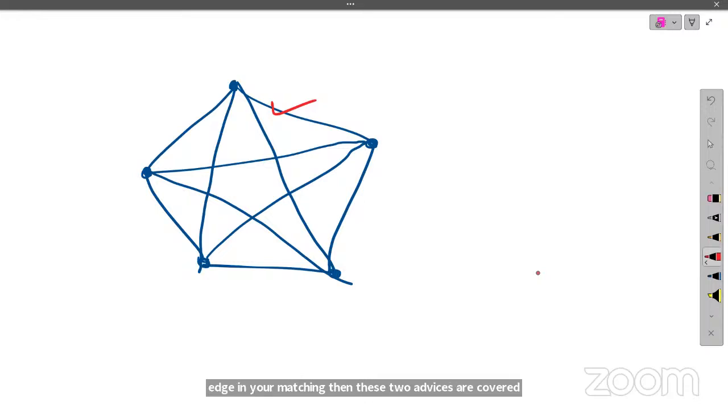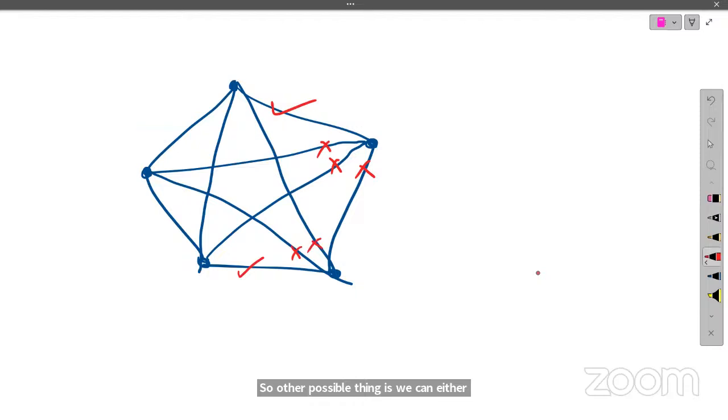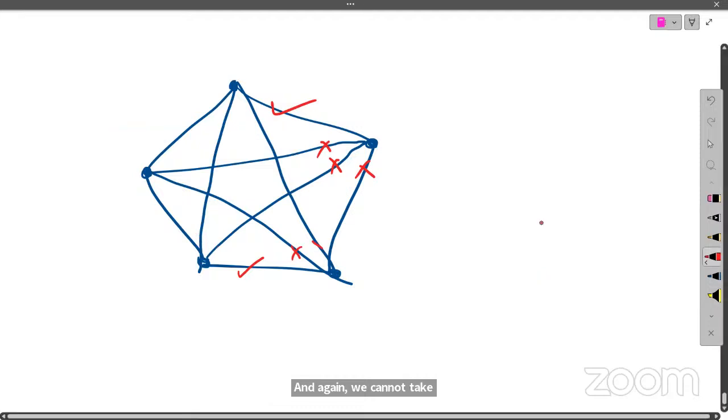And then, no, here actually we have a perfect matching because we can take this edge. Yeah, if we take this edge, then these three edges are cancelled, we cannot take them. Sorry. So yes, I am correct that in this graph, we don't have a perfect match.